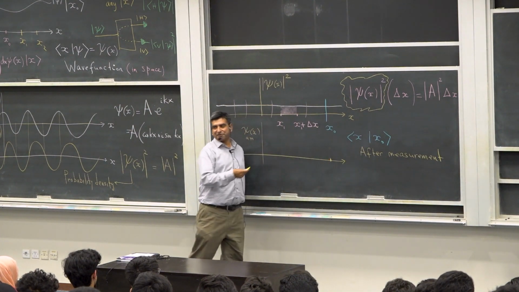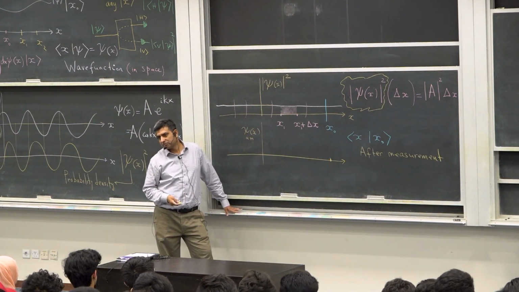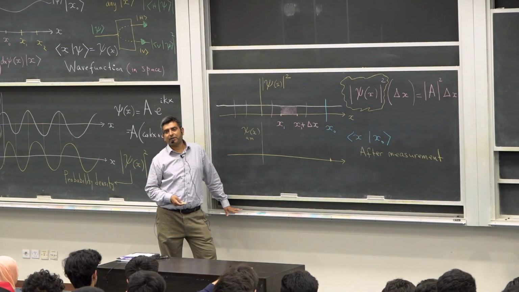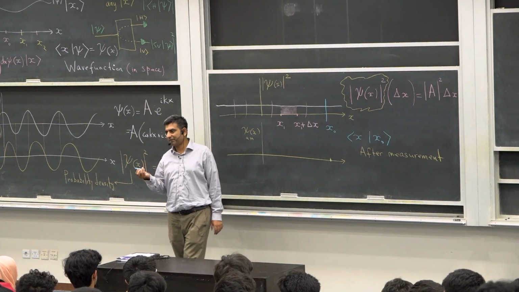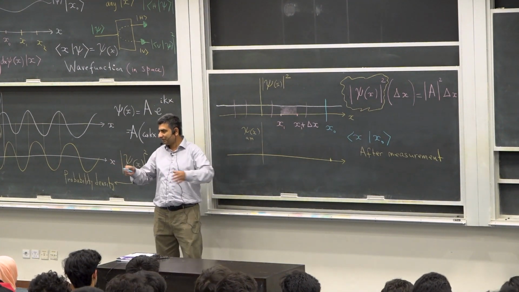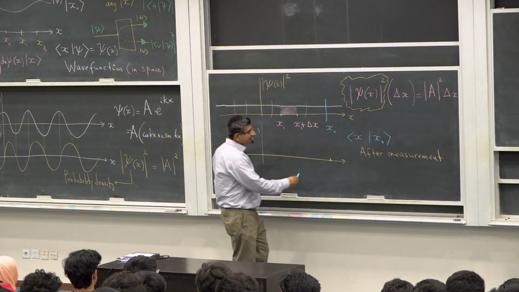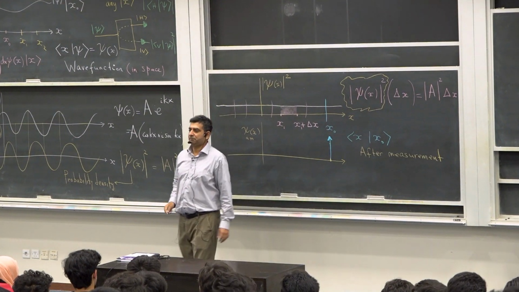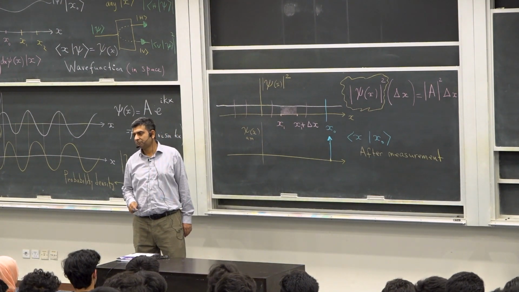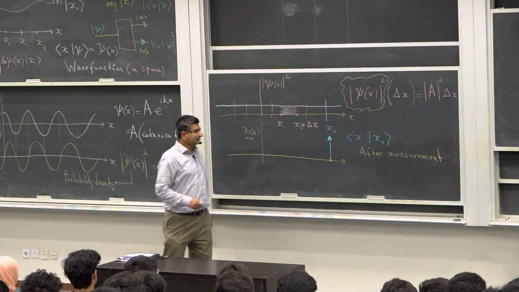So what kind of function should I draw? 0, 0, 0, 1, then 0. You're right. So it's just a function which has a strange kind of appearance. It's 0 everywhere, and just a spike over here. This is a spike here. Now this is a kind of strange function.